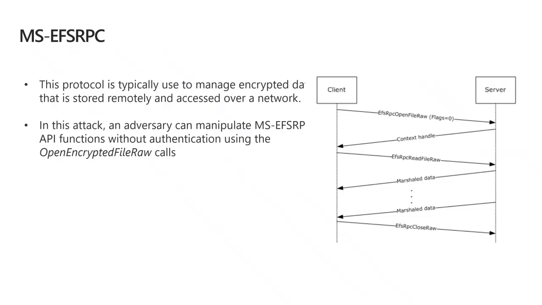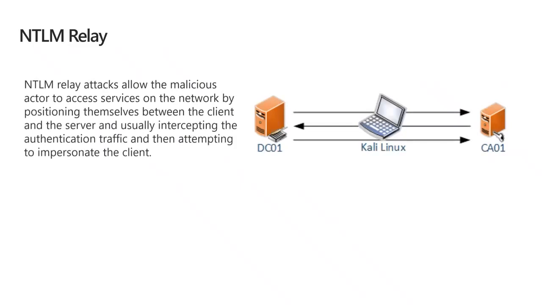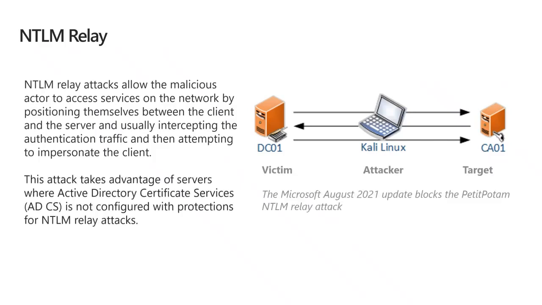When it does that, you can listen in between the call and do an NTLM relay attack. So if I have an attacker machine that listens between the domain controller and the certificate authority server, you can get a request that was responding to the EFS, and then do an NTLM relay attack. It takes advantage of servers that are not configured with protection against this NTLM relay attack.